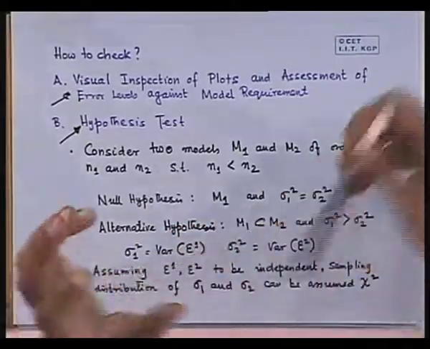The idea is that you make a statement which is called a hypothesis, and then you try to find out, given some facts which come in the form of data, some values you've got, what is the probability that this statement is true?